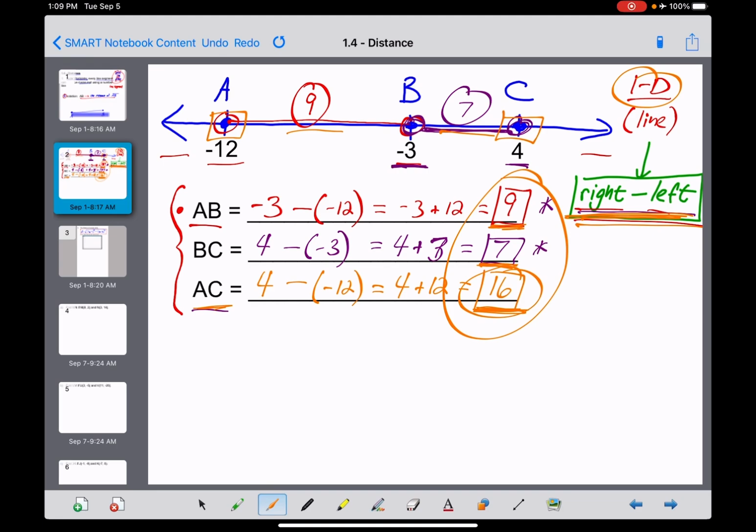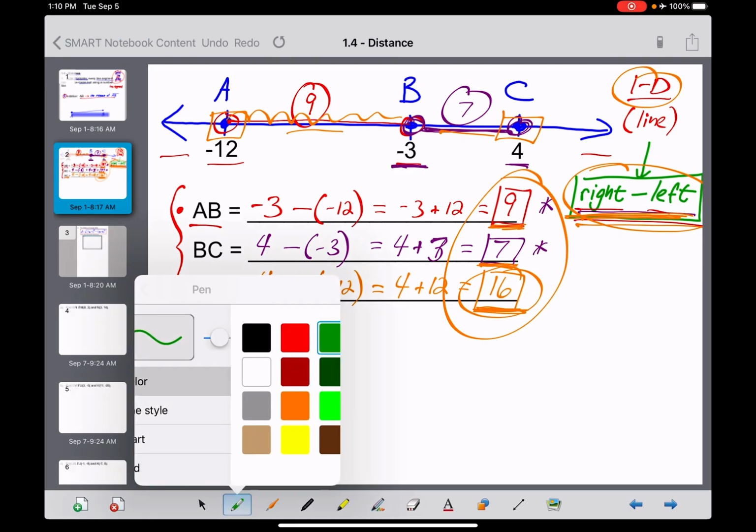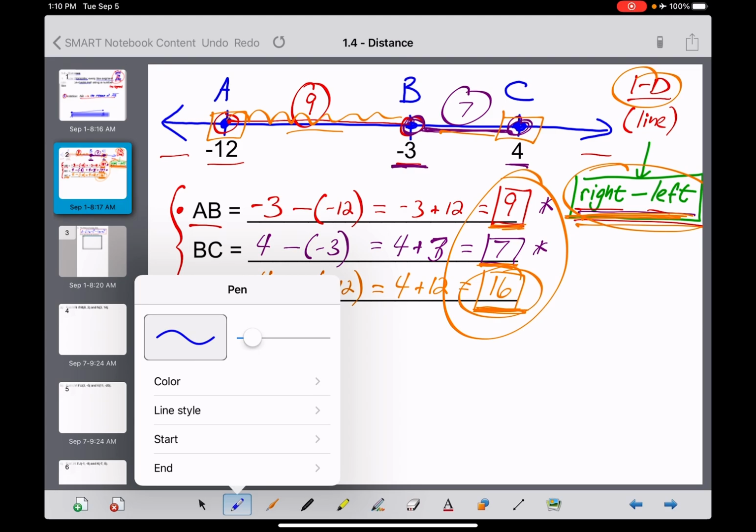People always ask me, hey, do we need to know this formula? Do we need to do it that way? Or can I just count units here and come up with the answer that way? My answer to that is, if it's a relatively simple problem like the one we just did, yeah, counting will be just fine. But on a quiz or a test, we might be mean to you guys and give you some really big and ugly numbers for those coordinates.